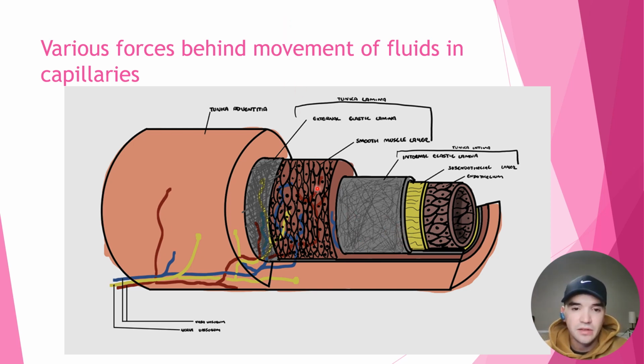In this structure, we have the tunica adventitia, I think that's what it says. I can't read from here. I'm sorry. And then we have the tunica media, as well as the tunica intima. And basically, these three sections can be broken down further.